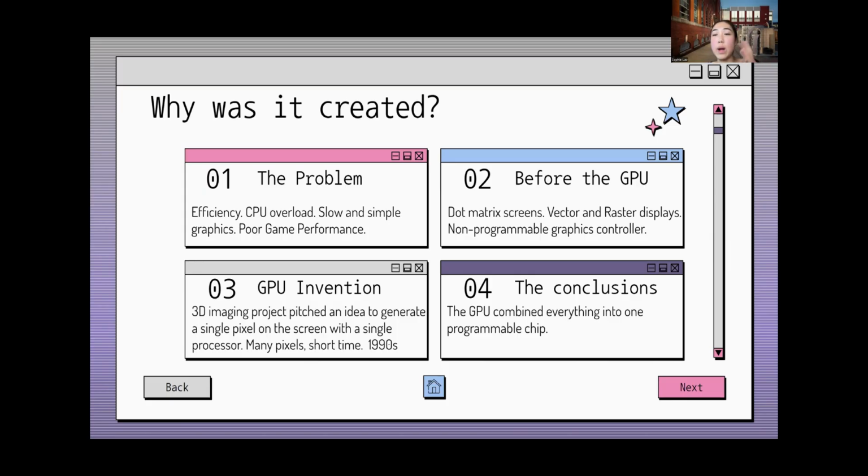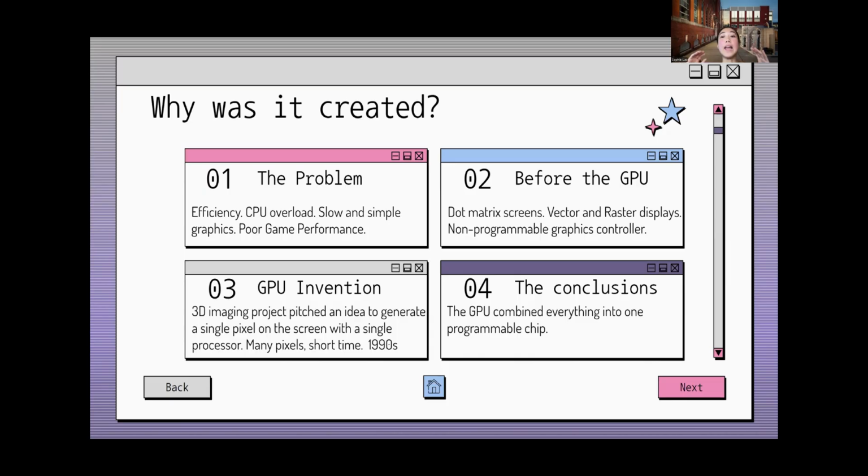And so when did people want to bring the GPU into fruition? There was a 3D imaging project pitched in the 90s to generate a single pixel on a screen with a single processor. Each one had a single processor, and they were trying to get many pixels in a very short amount of time. So that's how the GPU was birthed, basically.